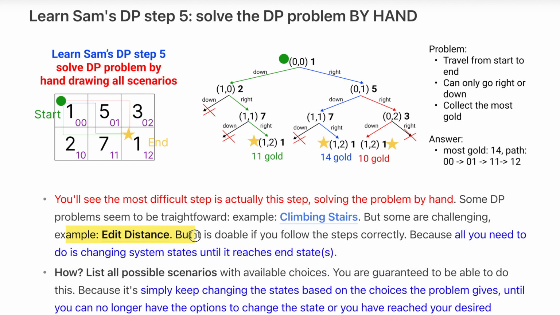It's simply because for problems like edit distance, the choices to change state are not very clear by the problem statement. Once you can turn the problem information into choices, it is very doable. And if you follow the steps correctly, you'll be able to solve it by hand. Because all you need to do is changing the system states until it reaches the end states.